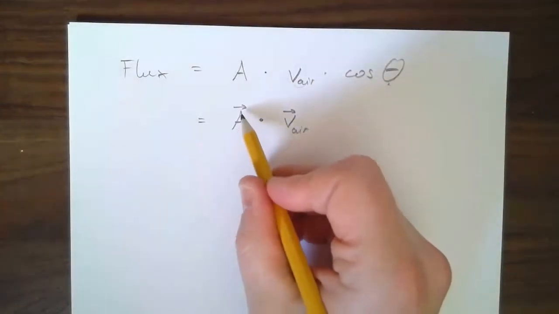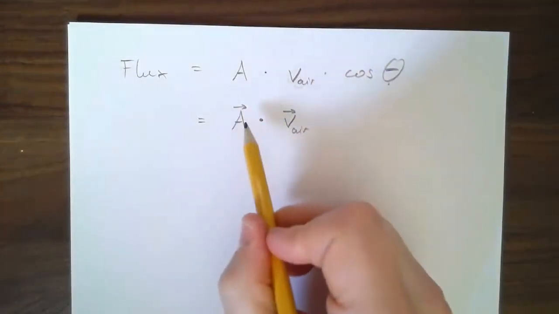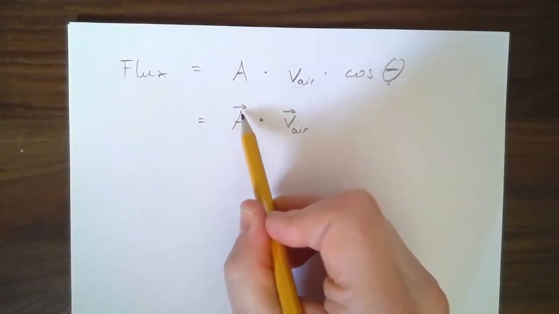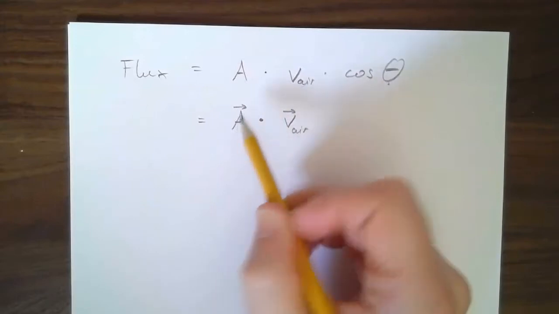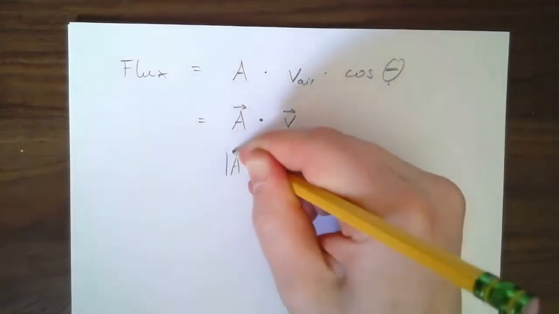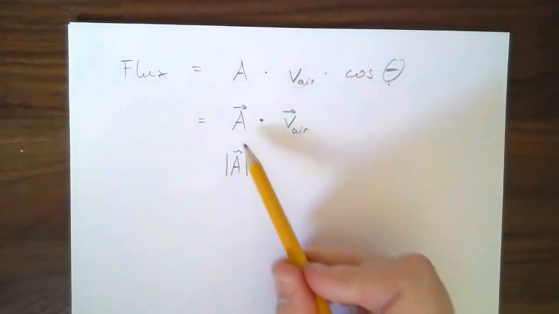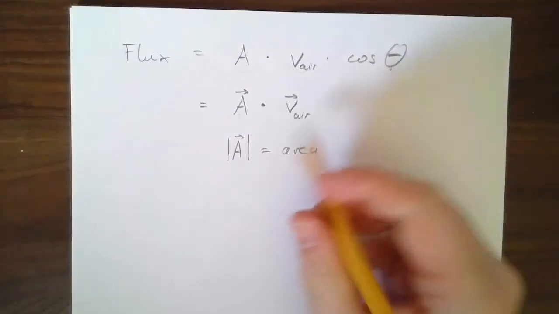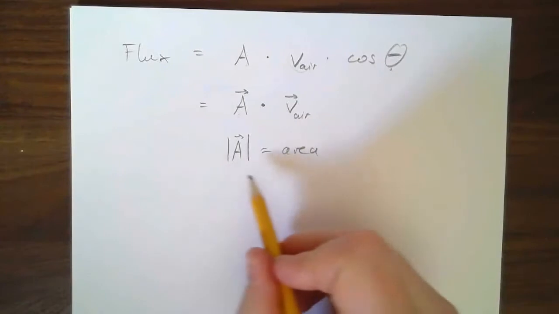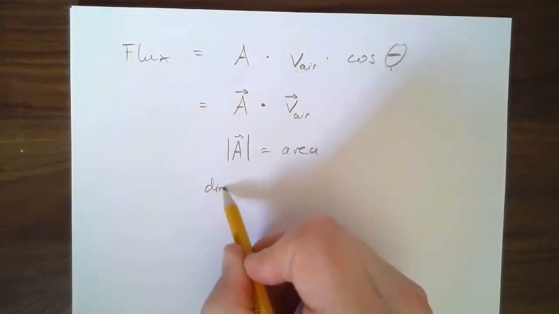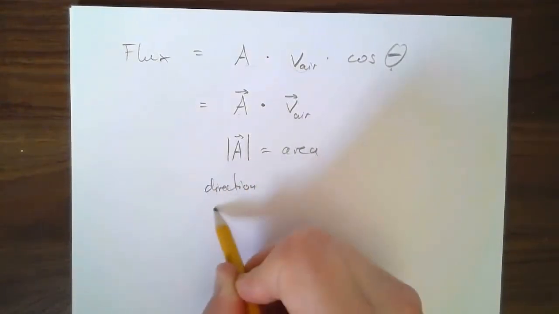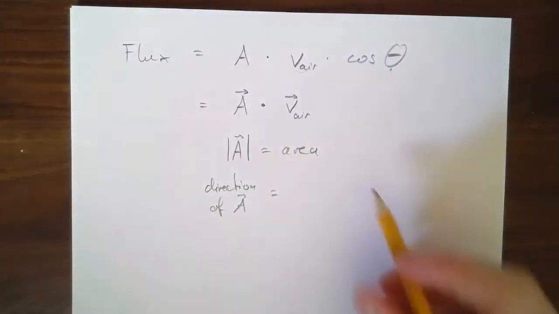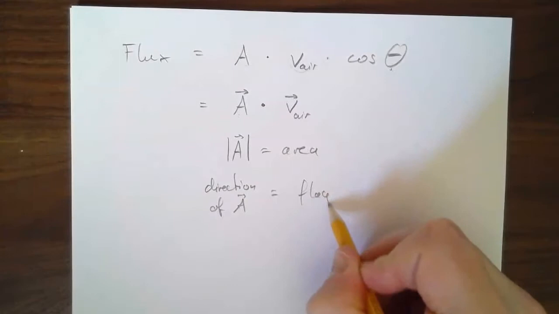Well, if you have an area as a vector, what we mean by that is the magnitude of it is just the area. So we can write this out. The magnitude of this vector is the literal area, and the direction of A, that is the flag.